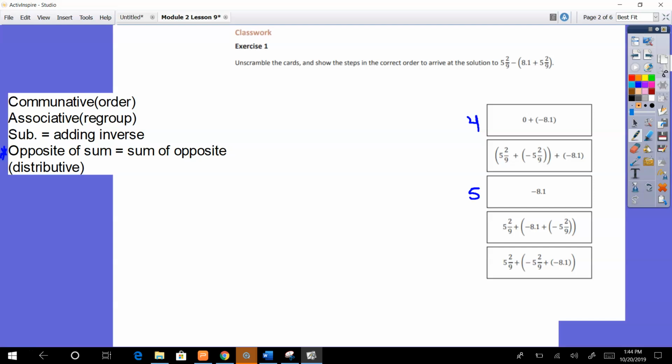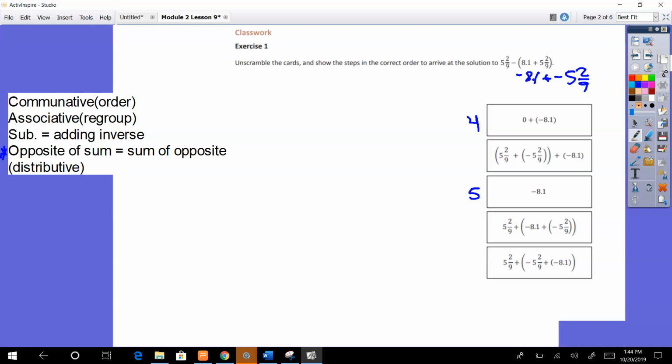So we have 5 and 2/9 minus 8.1 plus 5 and 2/9. That would mean the first thing I should be doing is the opposite of a sum is the sum of the opposites. So this will be a negative 8.1 and then plus a negative 5 and 2/9.